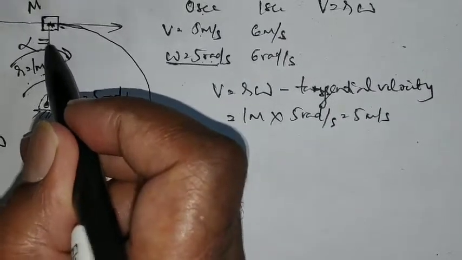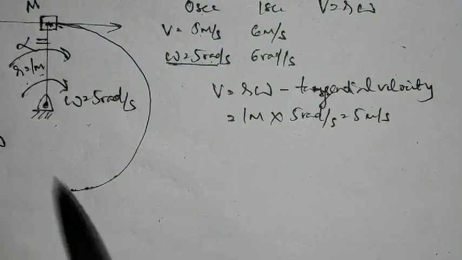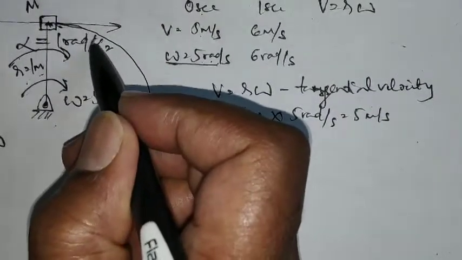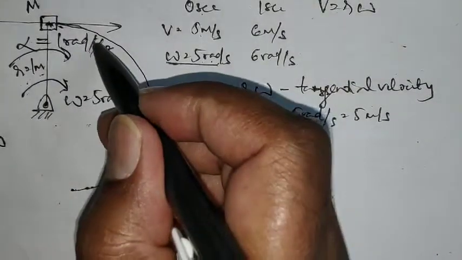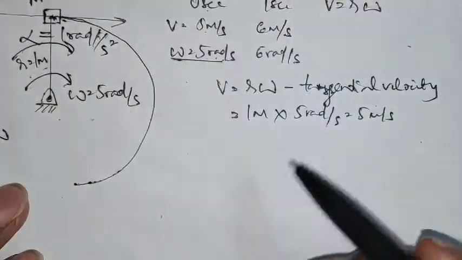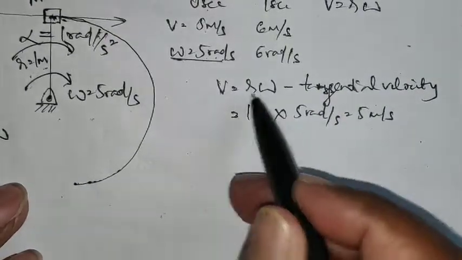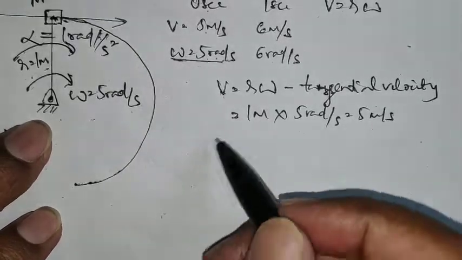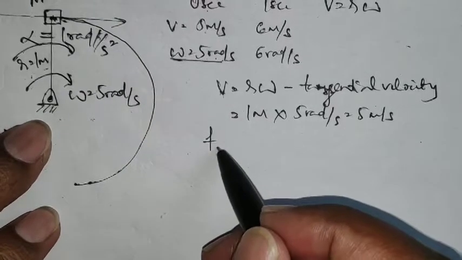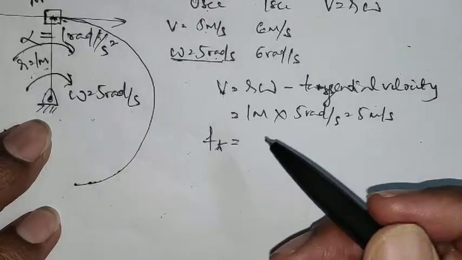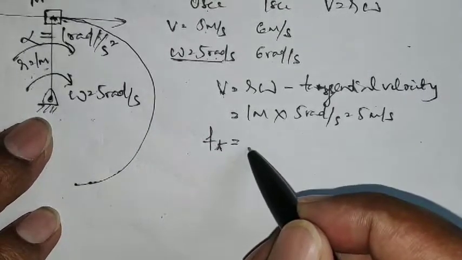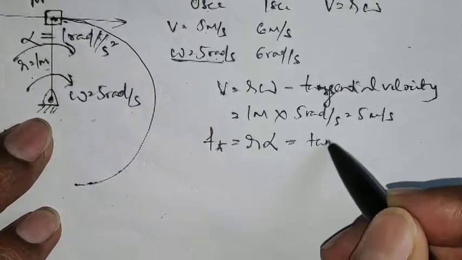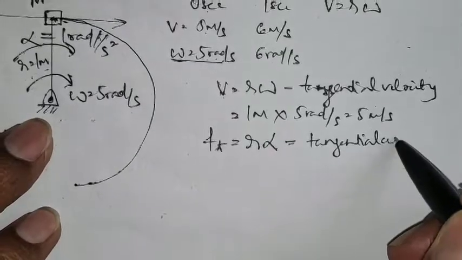Angular acceleration symbol is alpha, and it has an angular acceleration of 1 radian per second square. So similar to tangential velocity, you can have what is called the tangential acceleration. The tangential acceleration is the product of radius into angular acceleration. So this is called the tangential acceleration.